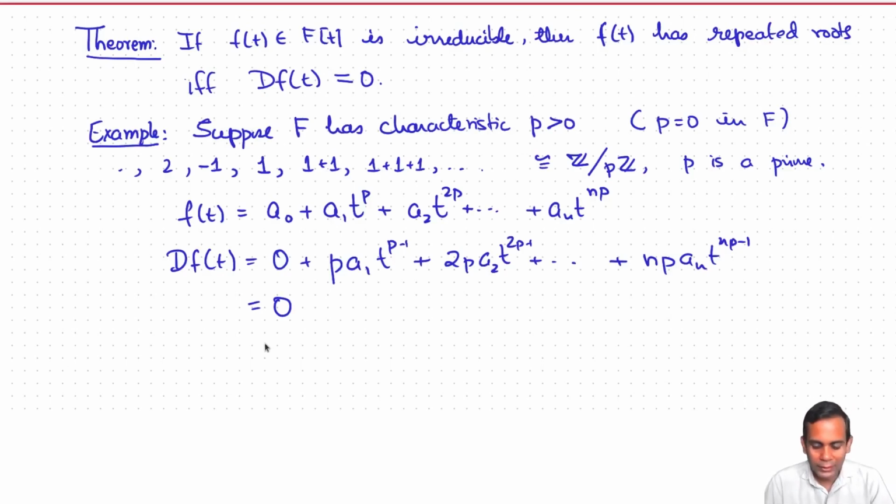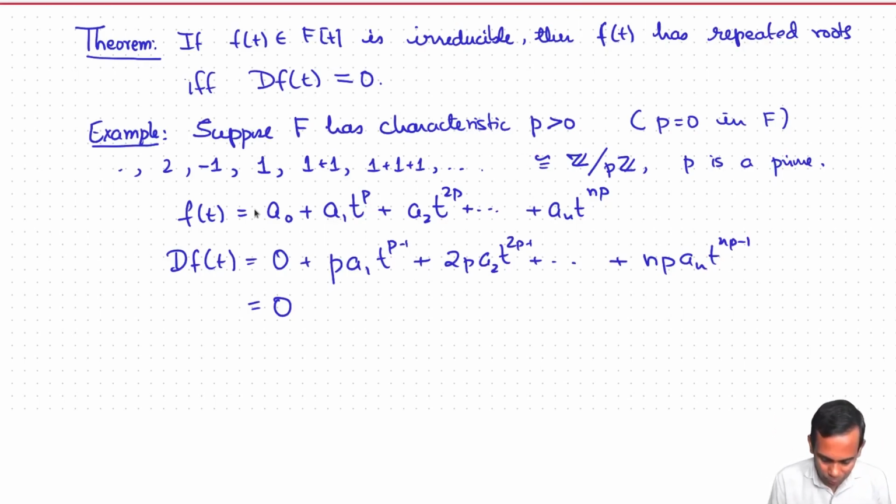So when the characteristic of the field is 0, we are saying that if a polynomial is irreducible, then it cannot have repeated roots. In positive characteristic, we are saying that if a polynomial is irreducible and it has repeated roots, then it must be a polynomial of this form where the only powers of t that occur are multiples of p.